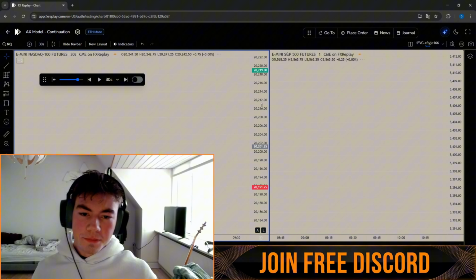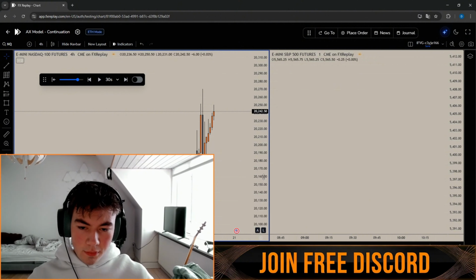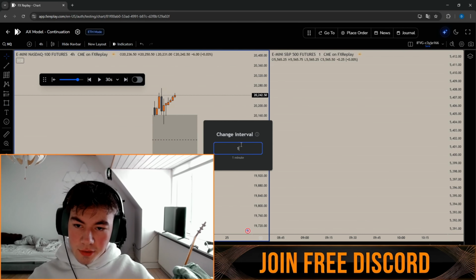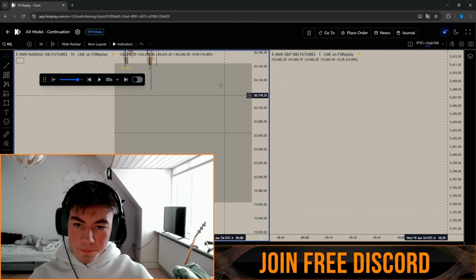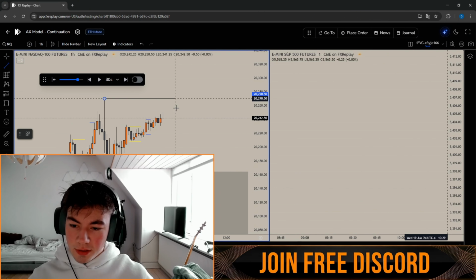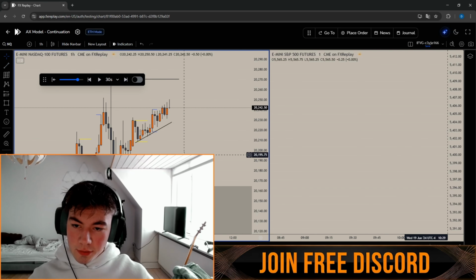I mean, this is still a drawn liquidity right here, because we haven't filled it yet. But I don't know if we'll take it anytime soon. Also got this draw. Low resistance liquidity.